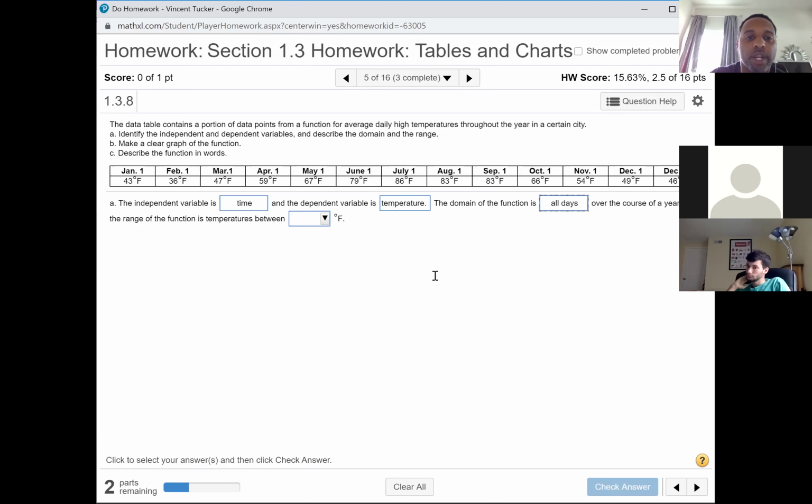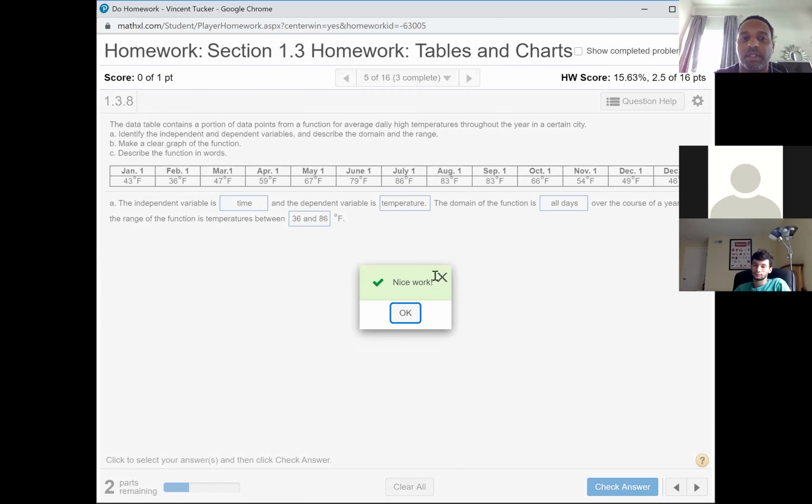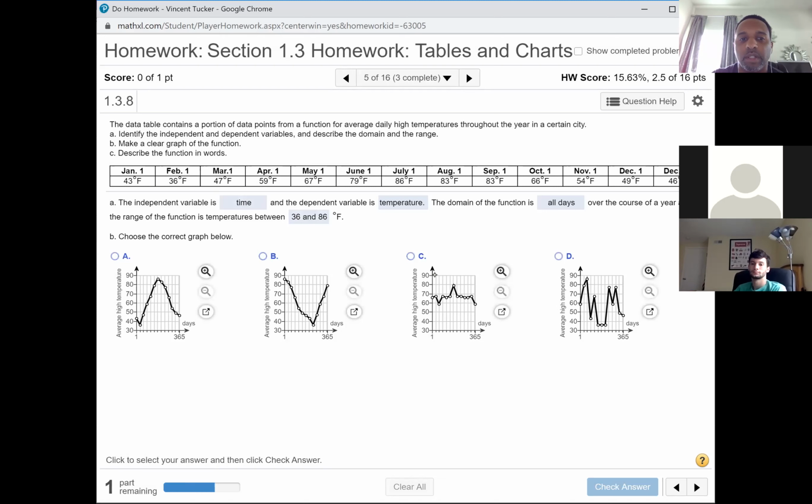And then the range is from the smallest value in your temperature to your largest value. So your smallest, I see 36, and then your largest value is 86. And that should be that. And so from there, you look at the graphs and all the good stuff like that.